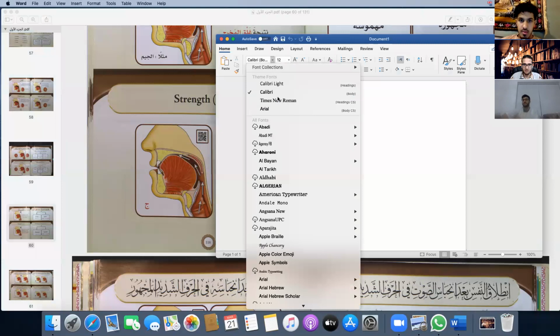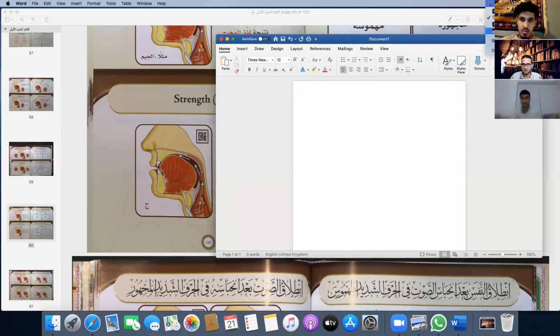I just have one note here, because we're gonna cover that in Qalqala anyway. But just in case you are reciting the Quran, when you read, for instance, how do you read this word, Mash?